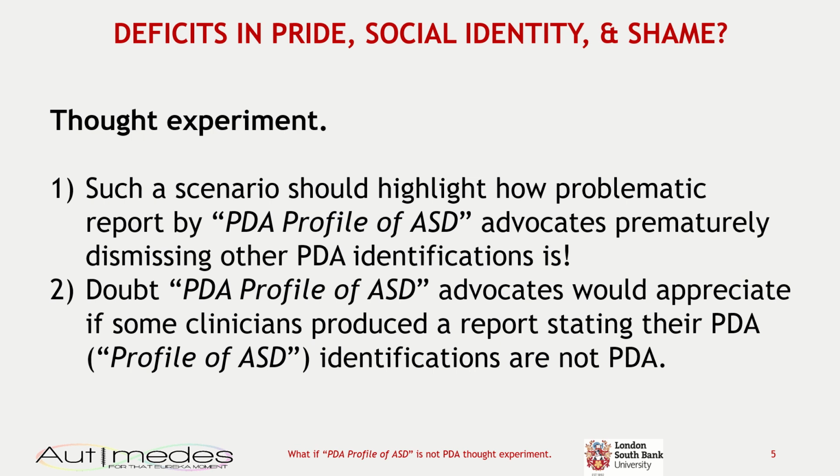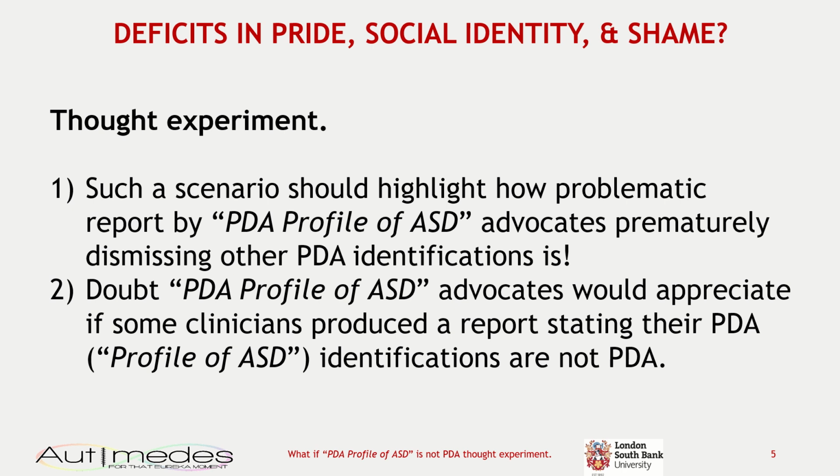Such a scenario should highlight how problematic the report by PDA profile autism advocates is in prematurely dismissing other PDA identifications. I doubt that PDA profile autism advocates would appreciate it if some clinicians produced reports stating their PDA profile autism identifications are not PDA.